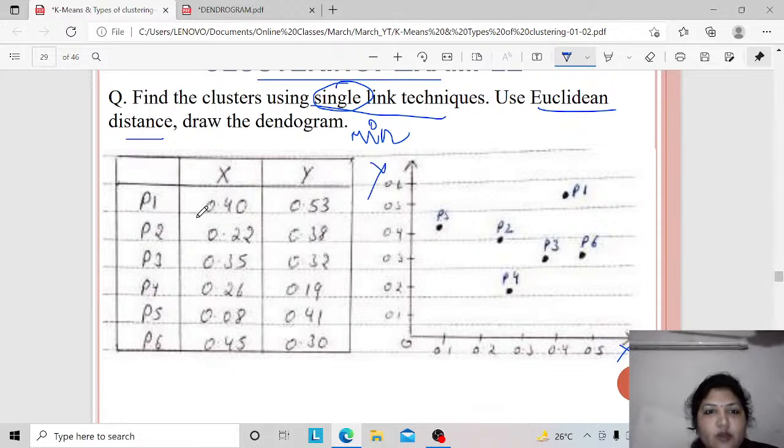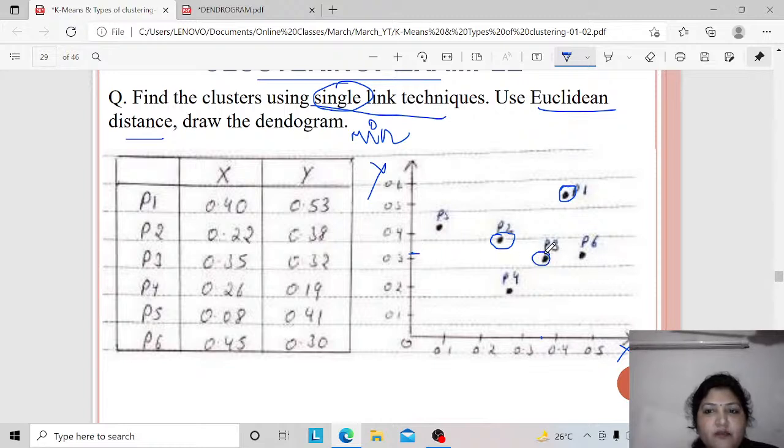So over here P1 is plotted like this: 0.4 from the x-axis and 0.53, so this would be my P1. And then take P2, 0.2 and 0.22, something like this, right? And then we have 0.38, so here somewhere else, right? Then we have 0.35, so here somewhere, and in the next one 0.32 somewhere here, right?